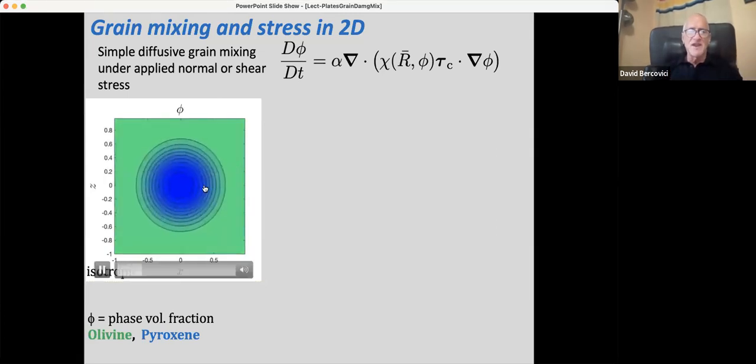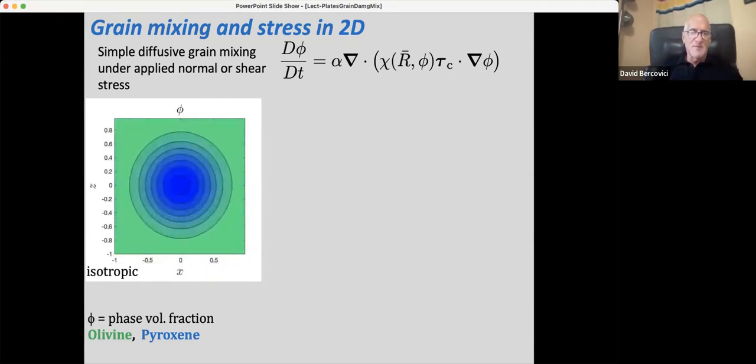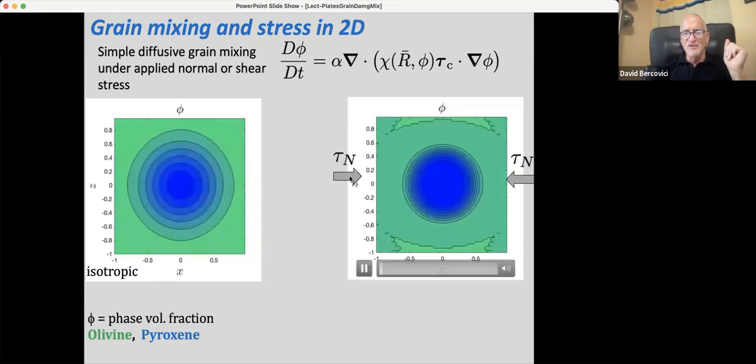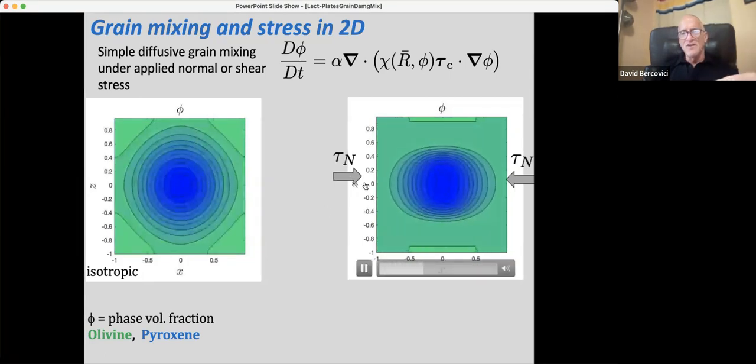So just by a simple example, if it's purely what's called isotropic diffusion, so I have a drop of something, say an orthopyroxene, if it was just diffusing on its own, like temperature, it would diffuse like a circle. If I applied a normal stress to the side, then it wants to diffuse in the direction of normal stress.